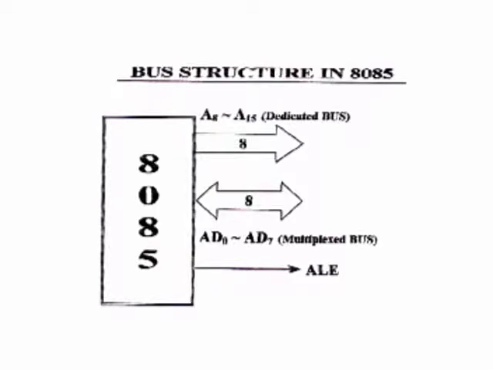Bus structure in 8085 explains the 2 important buses in 8085 and their arrangement. First, you can see the bus AD0 to AD7. It is an 8-line bus which is used for 2 different purposes.